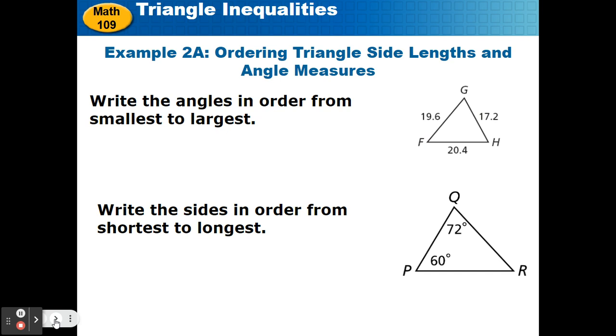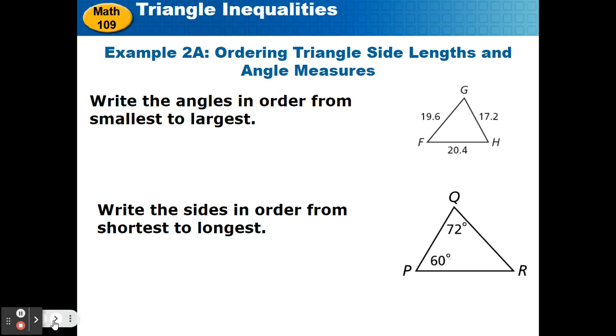So let's order our triangle side lengths and angle measures. We're going to write the angles in order from smallest to largest. You do want to be careful here and read the directions. Sometimes it will say largest to smallest. Sometimes it will say smallest to largest. Sometimes it will just ask you what the largest or smallest angle is. So be sure to answer the question that's being asked. And be sure to use correct notation.